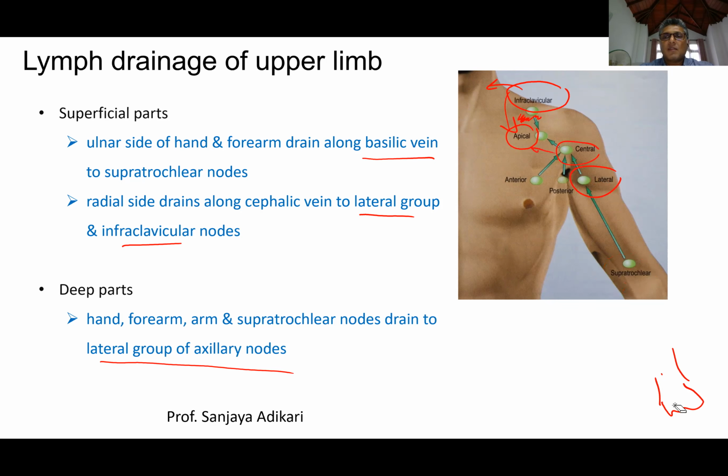Okay, usual way. That's how the lymph drainage of the upper limb takes place. So if you happen to remove axillary nodes, axillary clearance during breast surgery, mastectomy or something, then you will get obstruction to lymph flow, I think.